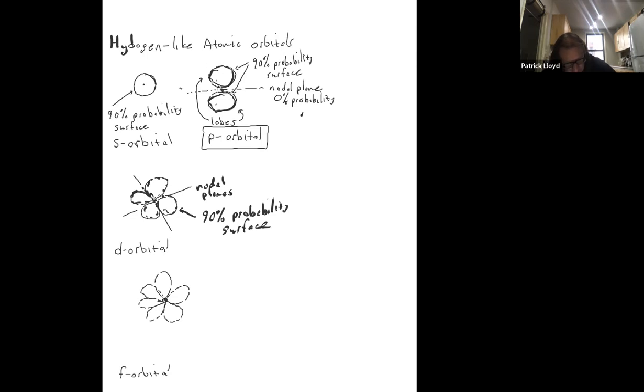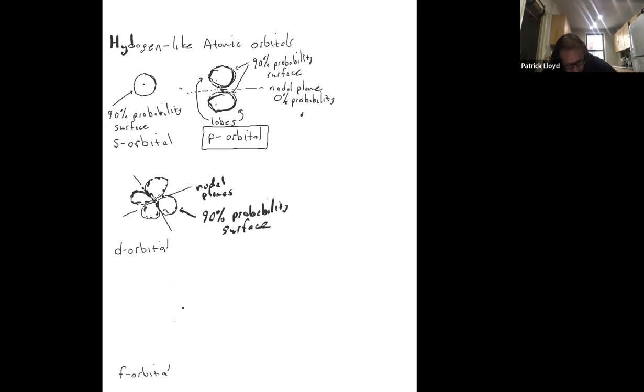There's the nucleus, right? It's got 3 nodal planes. Let's see if I can figure out where they are. I'm kind of struggling here. Let me try this again. The f orbital is not easy for me to draw.